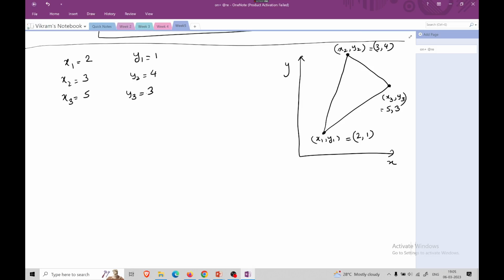Here I can assume the interpolation function to be of this form: u is equal to u of x comma y, which is equal to c1 plus c2x plus c3y. So this is my interpolation function assumption.